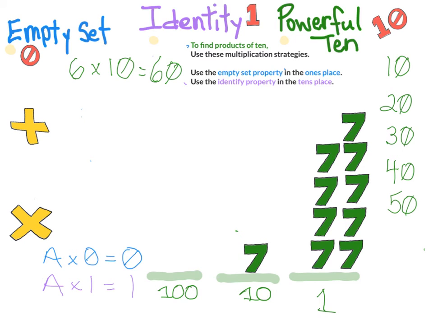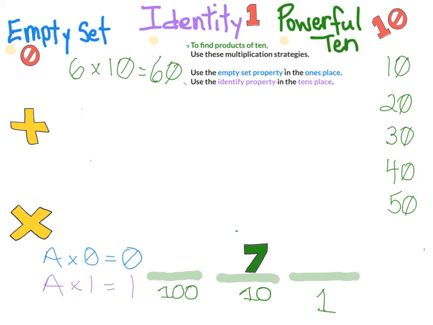That's our identity property in the tens place. And then what we're going to do is get rid of all these other 7s. There we go. And we just add this 0 to the ones place. And that's how it works.